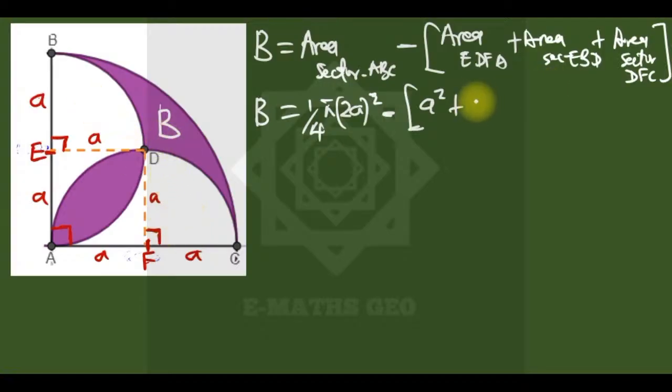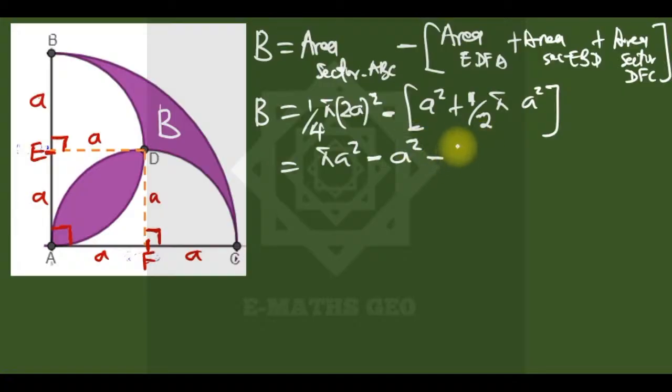So if you join the two, it's now a semicircle. So let's not waste time. So it's now half pi a squared. Do you get this? 1/4 plus 1/4 is 1/2. So as you can see, we have pi a squared minus a squared minus half pi a squared.